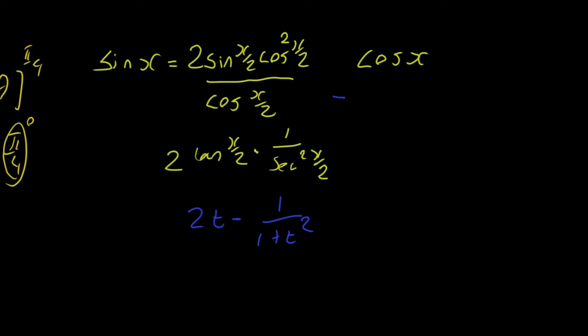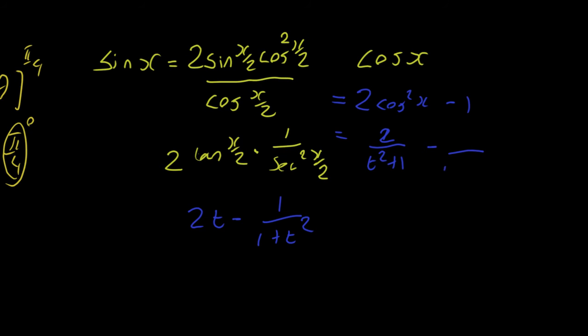Cos x, you're going to do something similar. Remember, there's a number of ways to write the cos double angle formula, but the one I'm going to use is 2 cos squared minus 1, which can be written as 2 over sec squared, minus 1. Now sec squared, again, we said was tan squared plus 1.